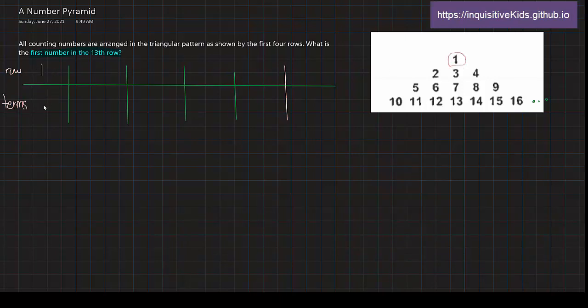So row 1 has one term, row 2 has three terms, row 3 has five terms, and row 4 has, what does the fourth one have? 7. So do we see a pattern here? How many numbers will the 13th row have?